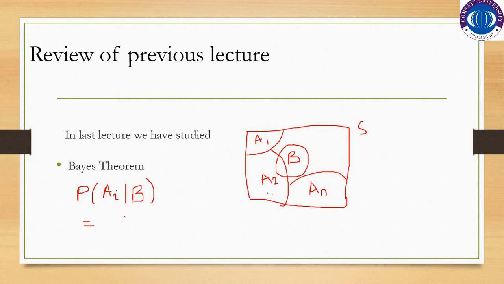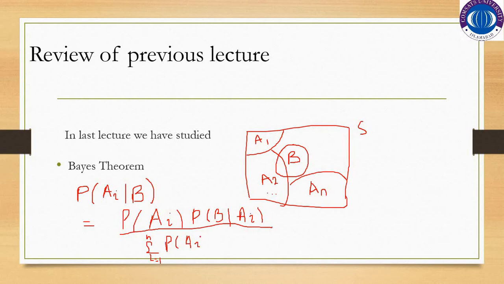It would be equal to probability of Ai into probability of B given Ai, whole divided by summation i equal to 1 to n of probability of Ai into probability of B given Ai.